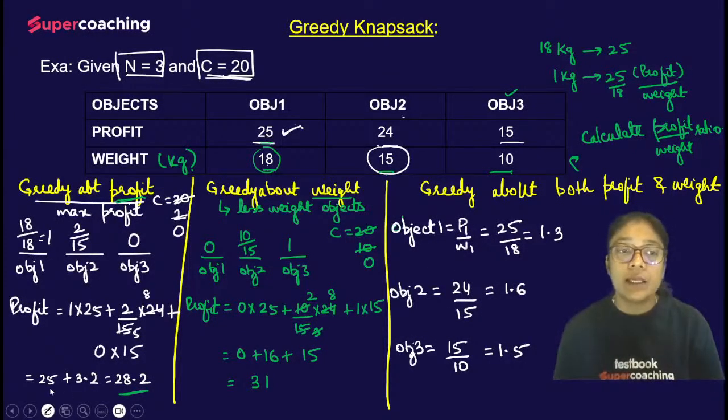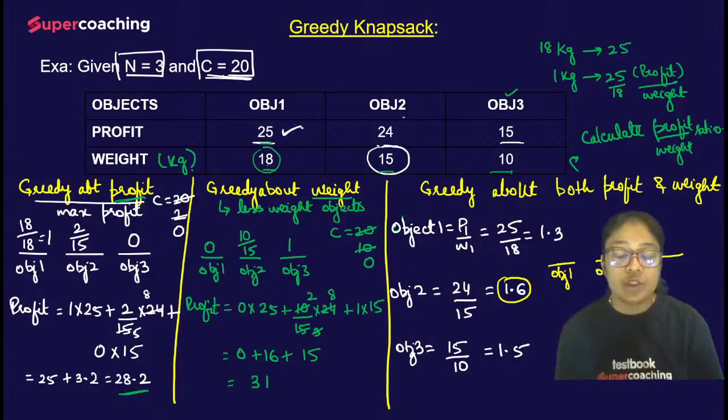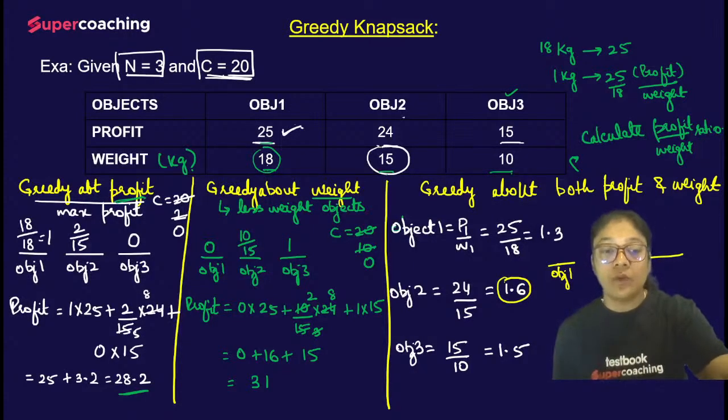Now obviously we will be preferring the object with the higher profit upon weight ratio first. So let's take object 1, object 2 and object 3. The objects are going behind the image. Wait a minute.